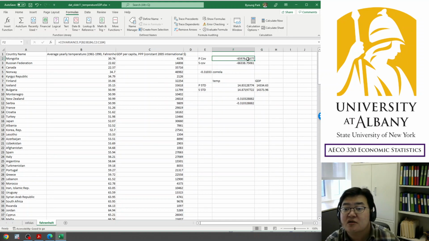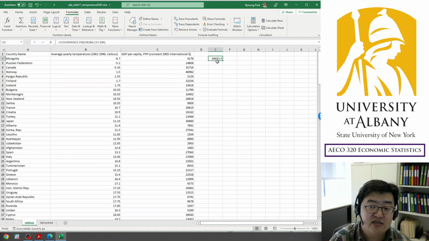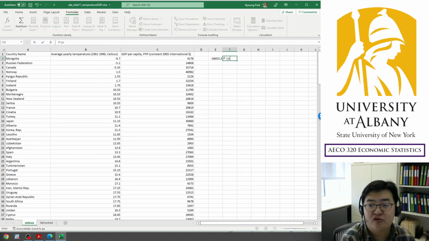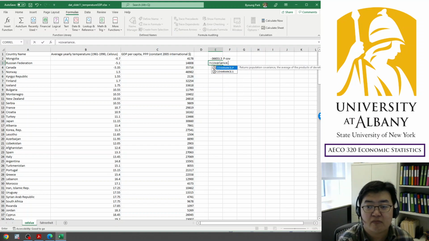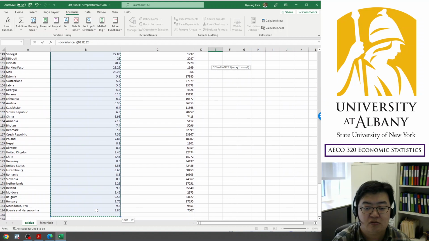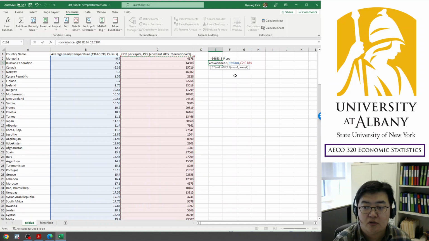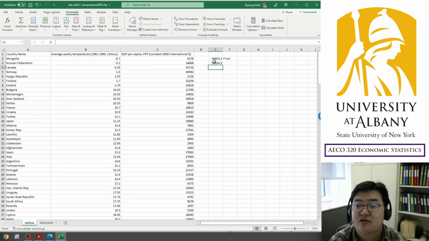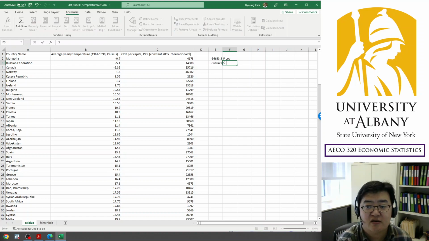Earlier it was minus 66,000, but after you change the Fahrenheit into Celsius, it becomes minus 36,000. So this is population covariance. And in sample covariance, it's similar but also different from the Fahrenheit case.